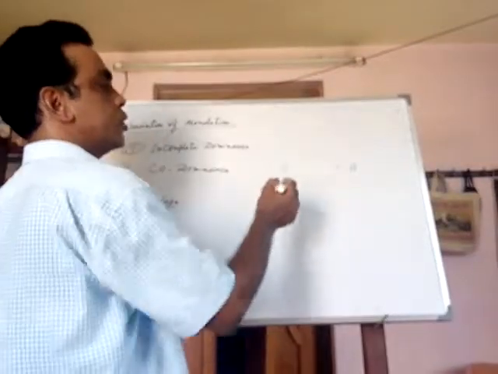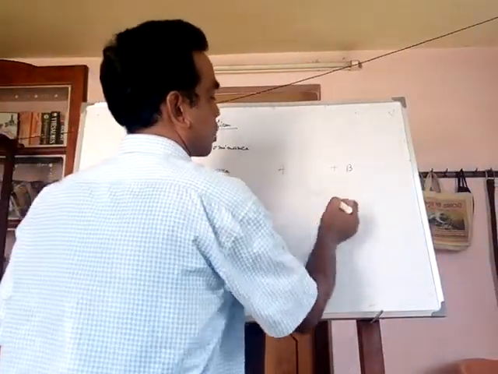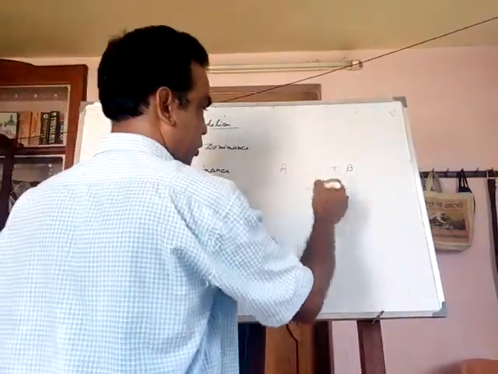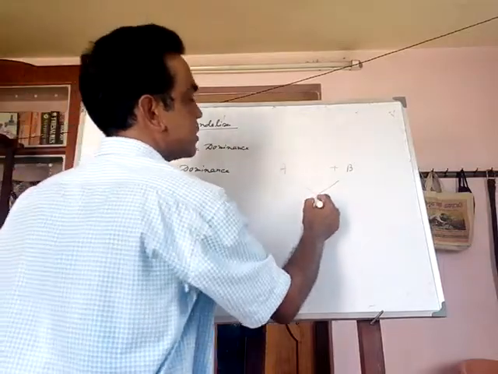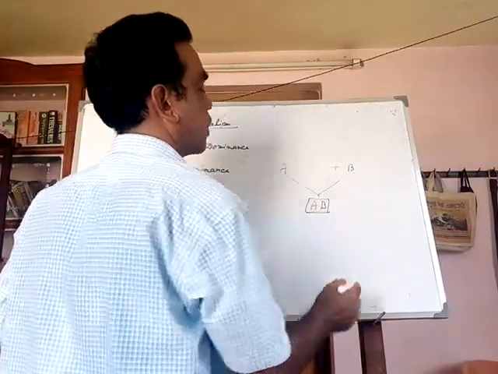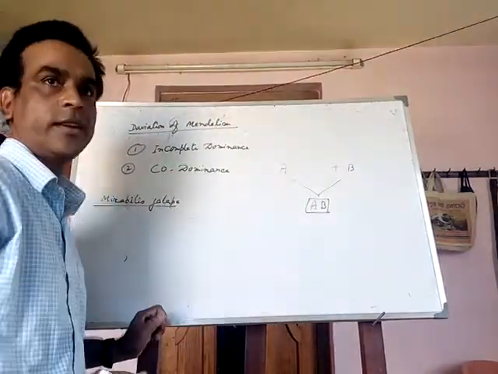The A blood group male and B blood group female meet and produce their daughters or sons, in which the blood group is AB. So both A and B blood groups are expressed here for their dominancy. So it is called codominance.